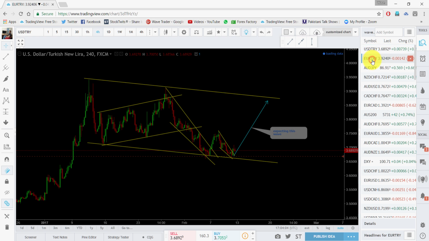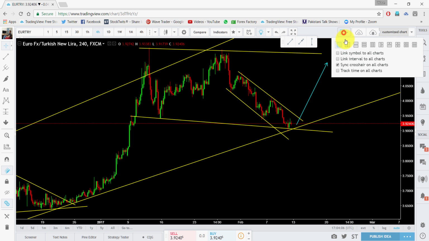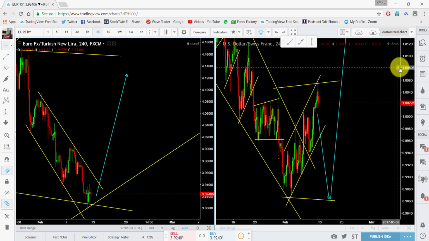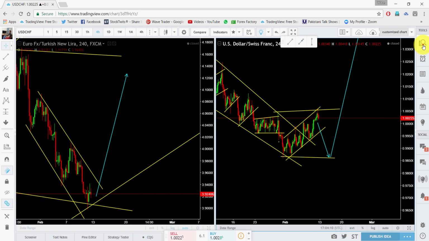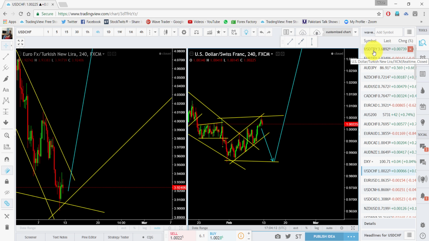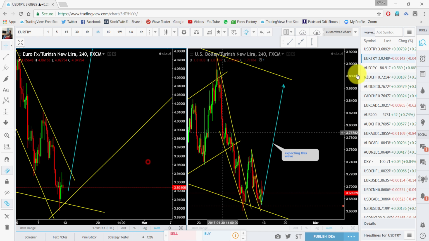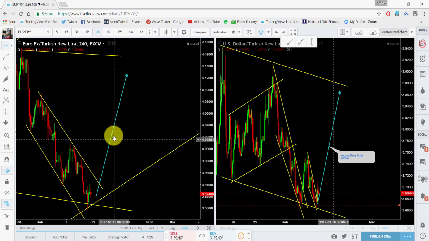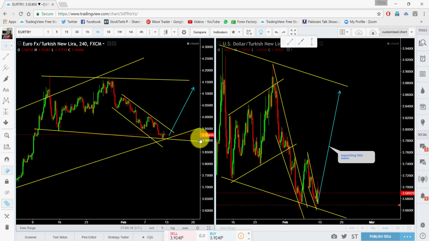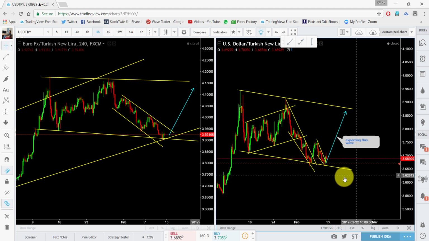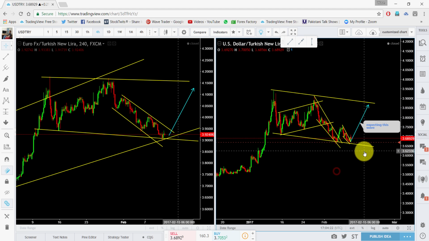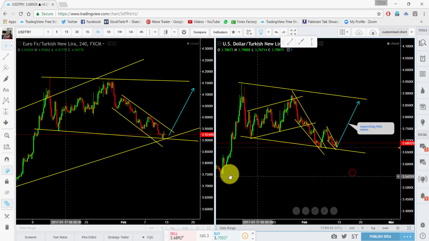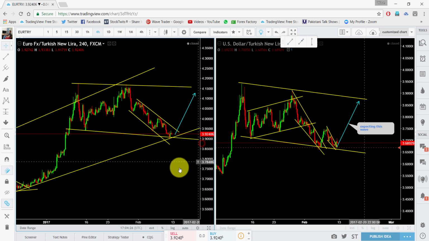So on euro Turkish lira, same. Okay, same on both pair. I'm looking for up move. All right, so this is the move I'm looking on both pairs.